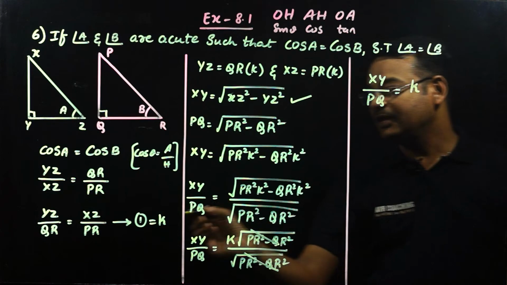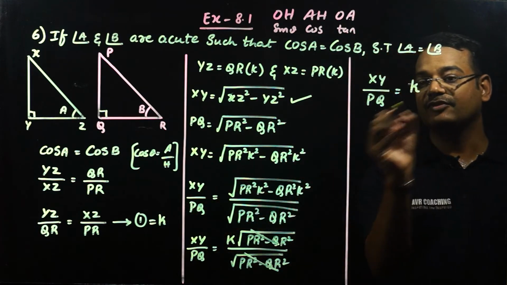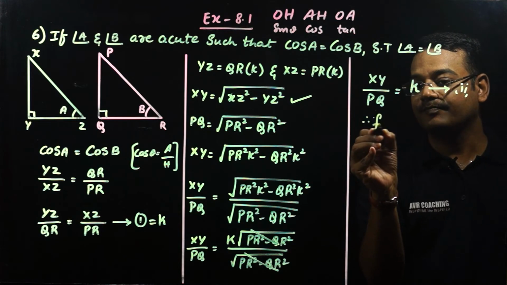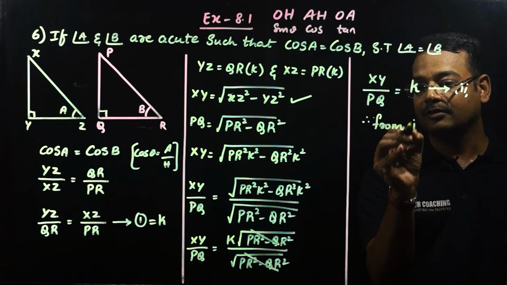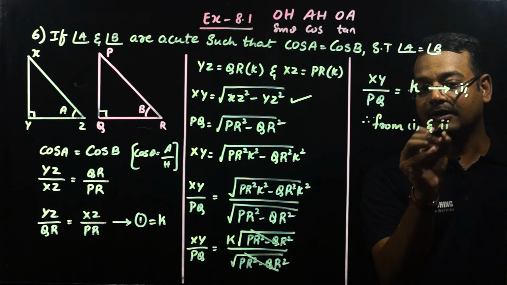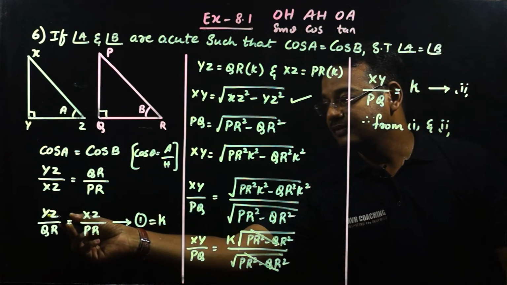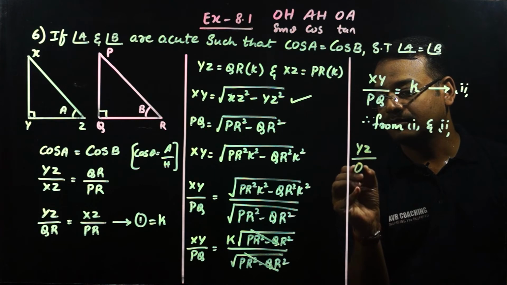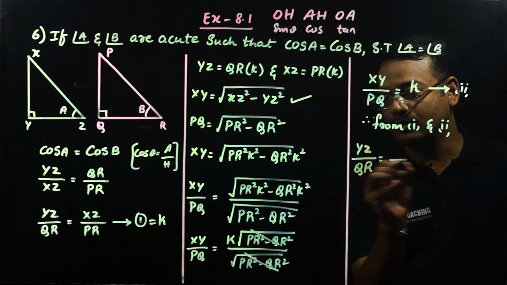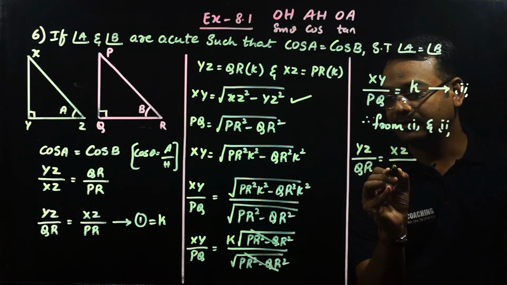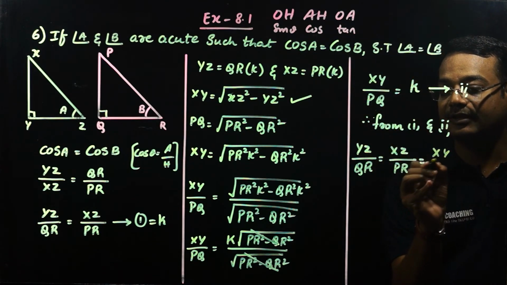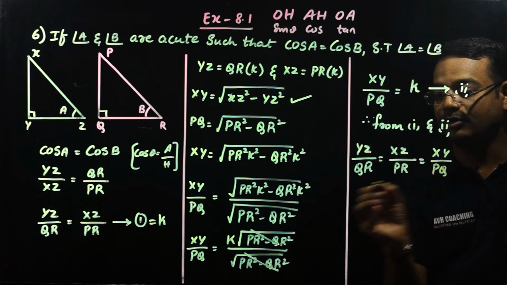So from equation 1, this is equation 2. So from 1 and 2, YZ by QR is equal to XZ by PR equal to XY by PQ.